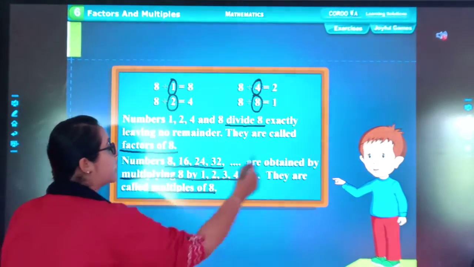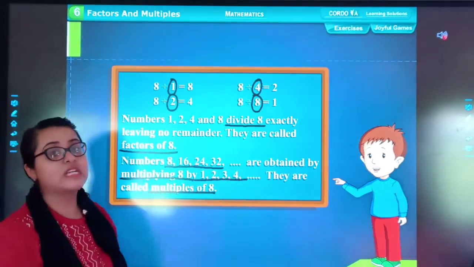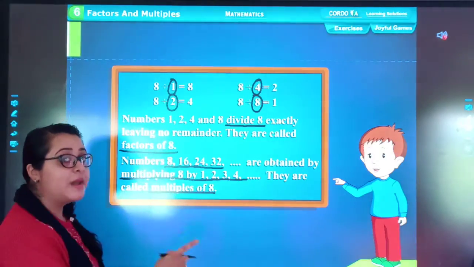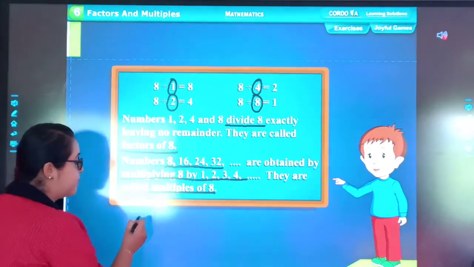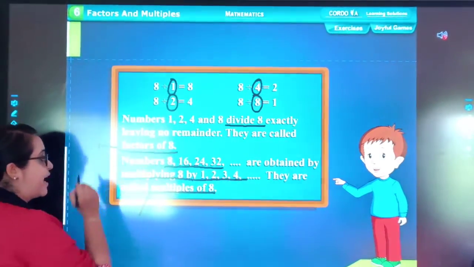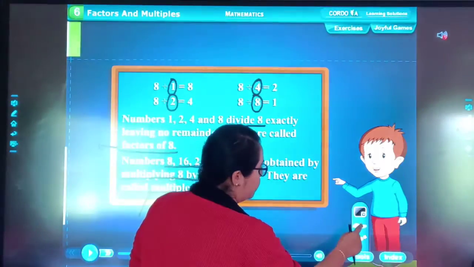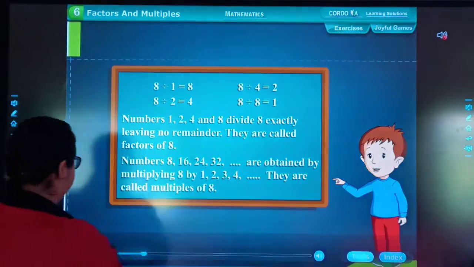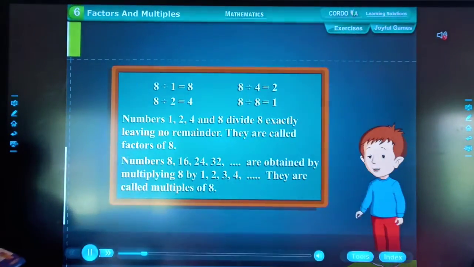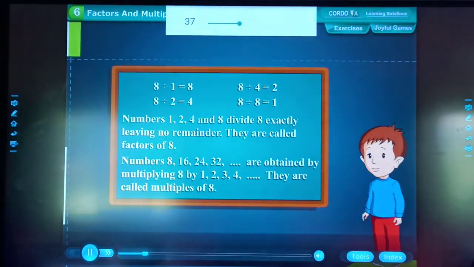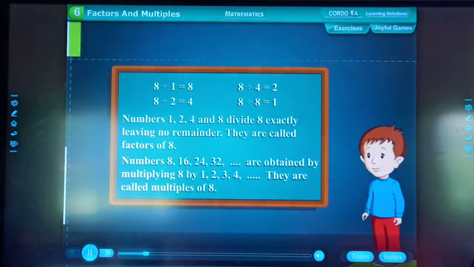That means पूरा जो 8 का table होगा, that will be known as multiples. This will be the multiples and these are the factors. Okay, students? They are called multiples of 8.